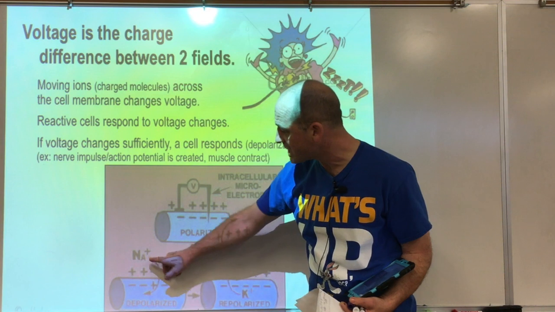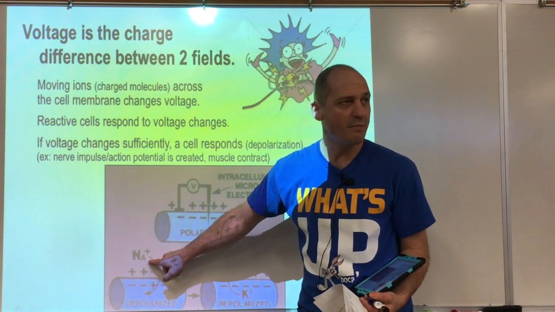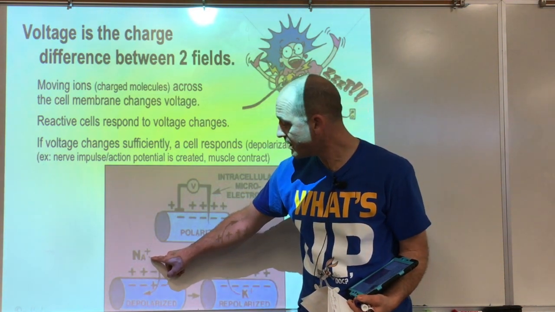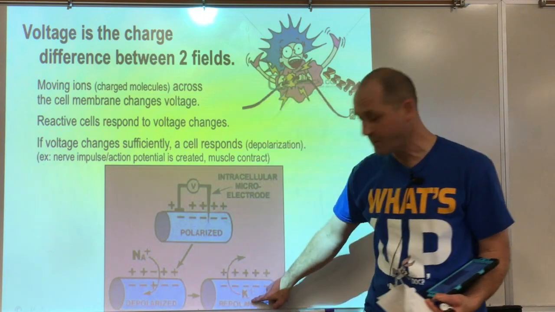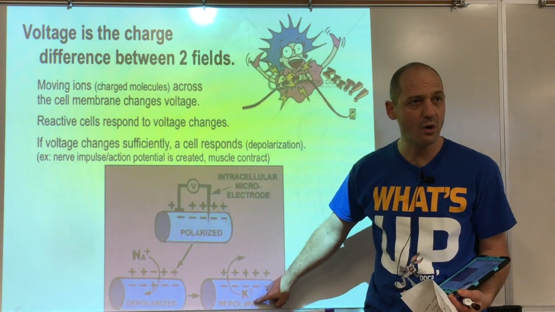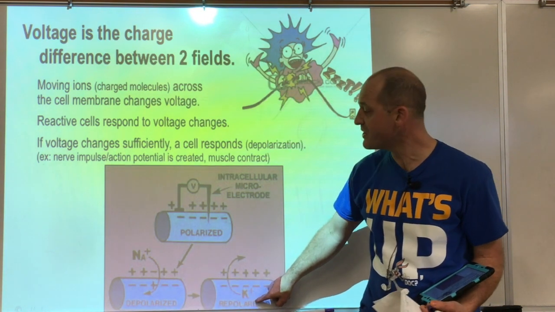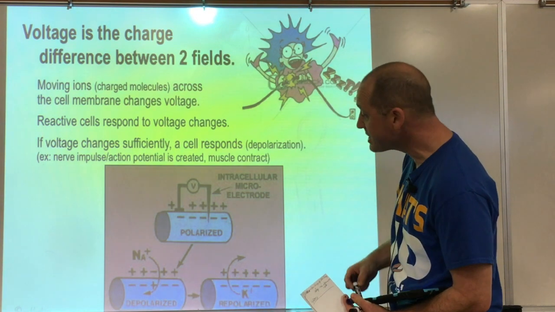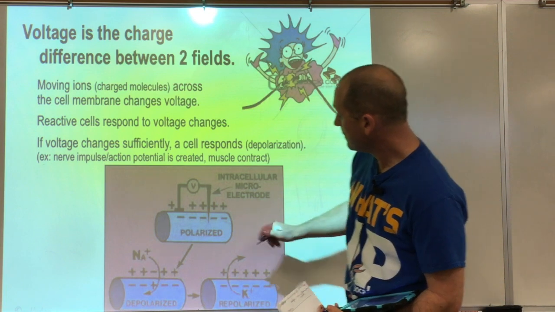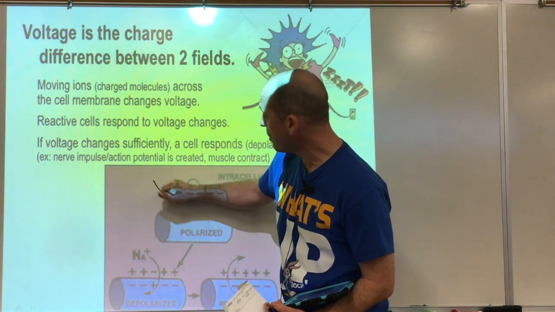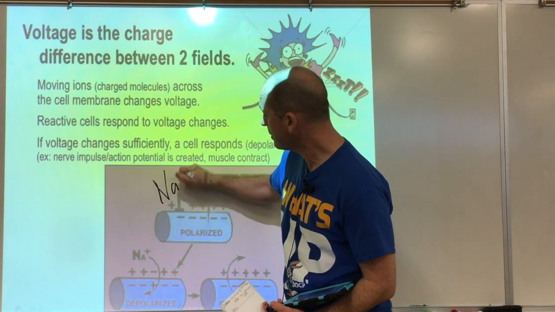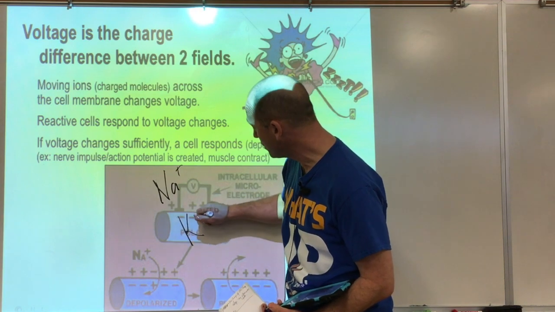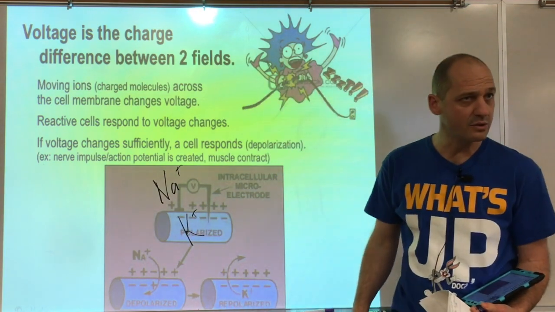The outside has much more sodium, and the inside has much more potassium. We want to know that. That's the situation where we don't do anything. So when we're just sitting there at rest, the outside has a lot more sodium, and the inside has a lot more potassium, from the chemical side.